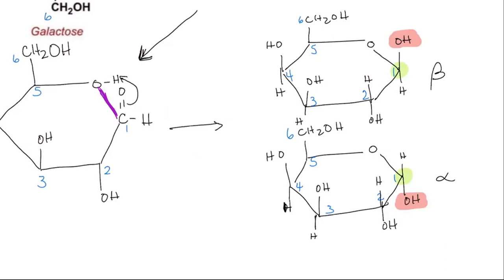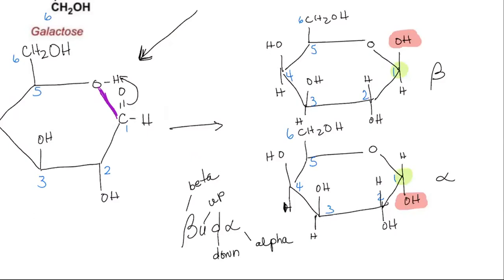To make it less confusing, when I was in grad school, my PhD is actually in carbohydrate chemistry, I came up with this little acronym, which is BUDA. What does BUDA stand for? Beta, up, down, alpha.